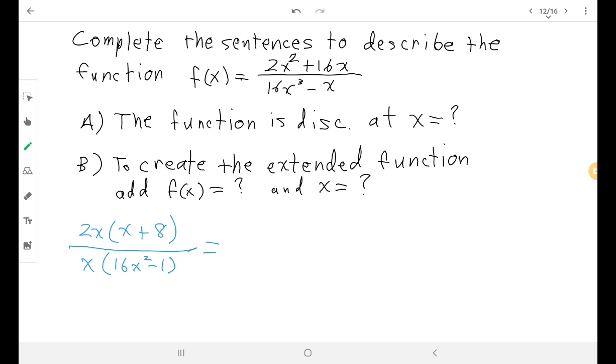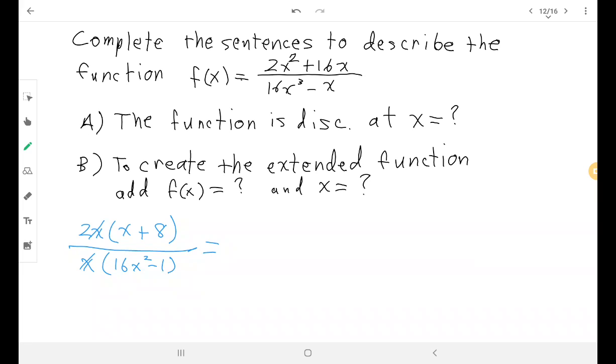And then, so let me do some stuff to that. First of all, the x's will cancel. So x is canceling there, and that would be 0.